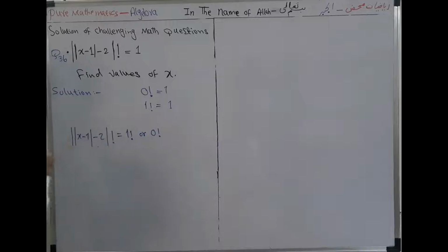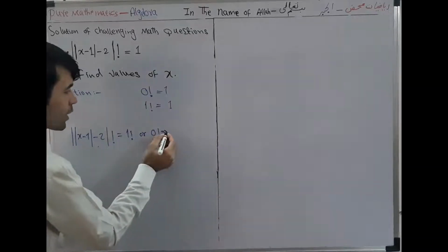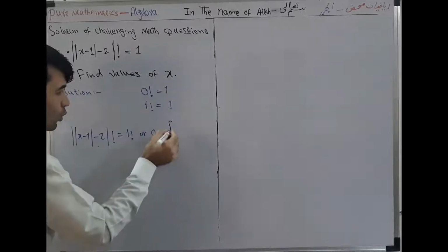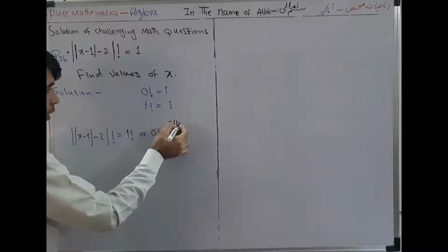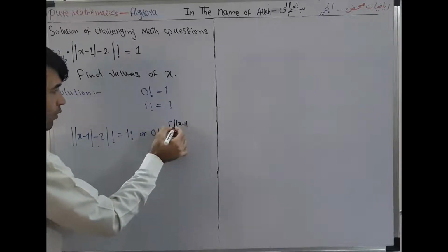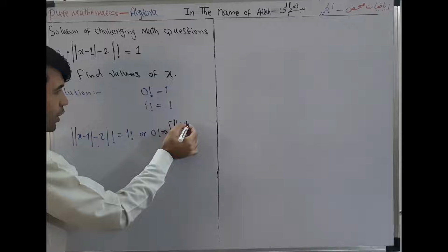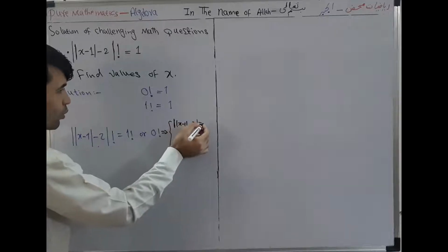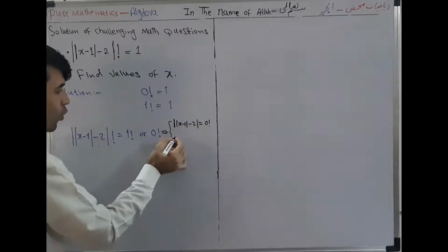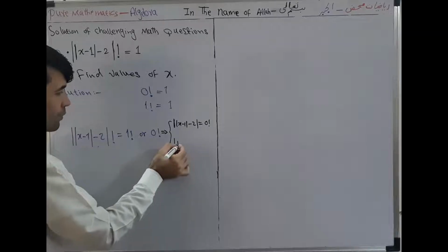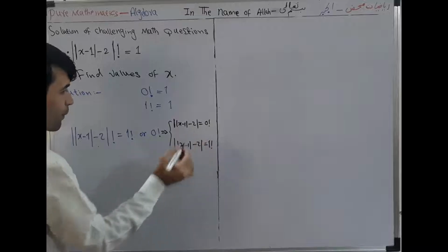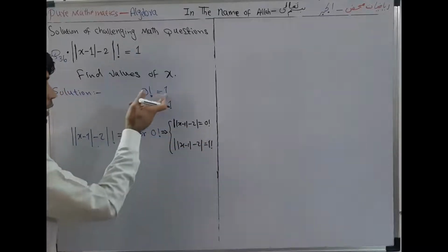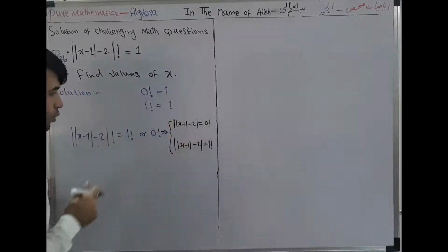Therefore, now we can write this implies two things. Here we will get two equations. The absolute value of x minus 1, minus 2, is equal to 0 factorial, or the absolute value of x minus 1, minus 2, is equal to 1 factorial. 0 factorial is equal to 1, 1 factorial is also equal to 1.